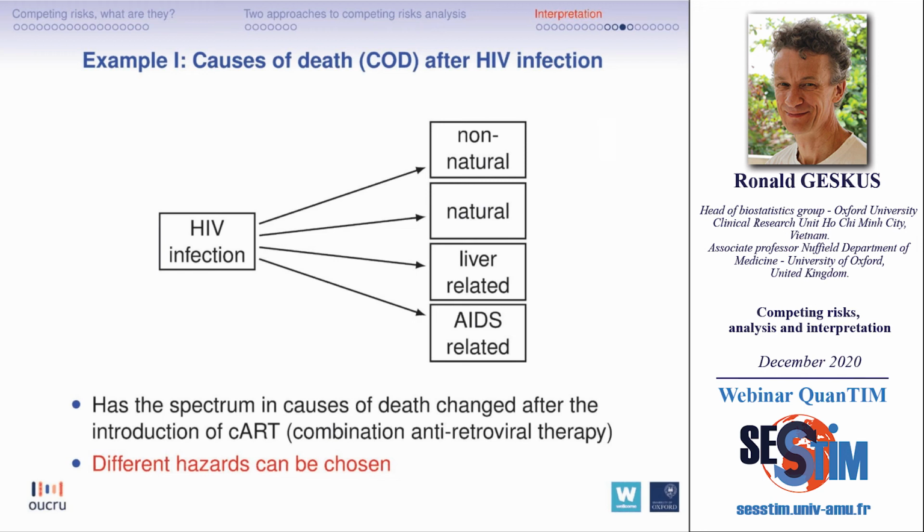Then what you would observe, say for the natural specific mortality, so the second cause of death in this figure, is that it wouldn't change after 96. If you are at risk, the probability to die from a natural cause doesn't change after 96.